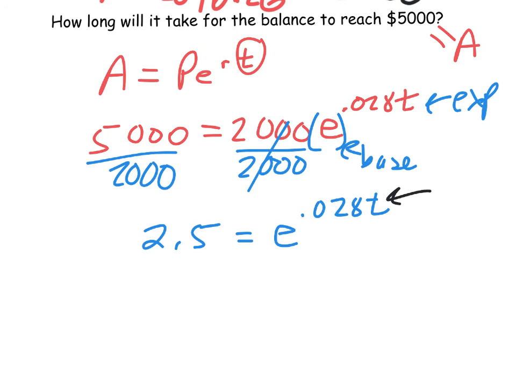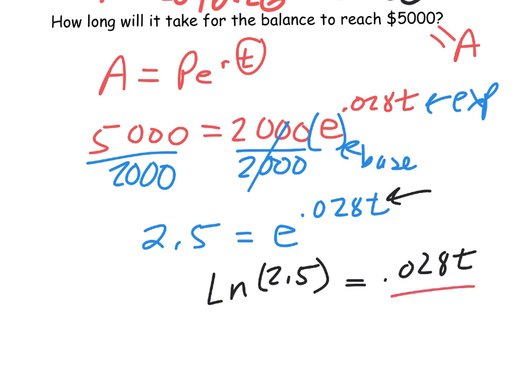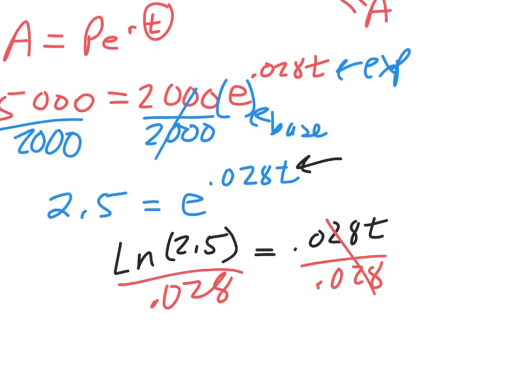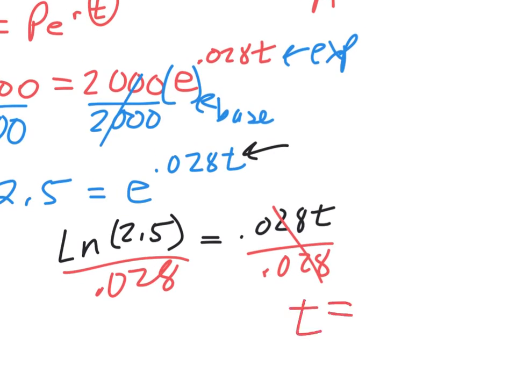So I'm going to take log base e, which is just ln, of 2.5 equals your exponent, 0.028t. And to finally solve it, divide both sides by that 0.028. So t equals, well, let's get over here and plug it in.